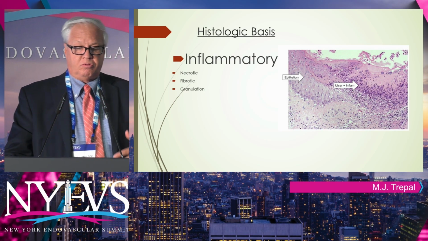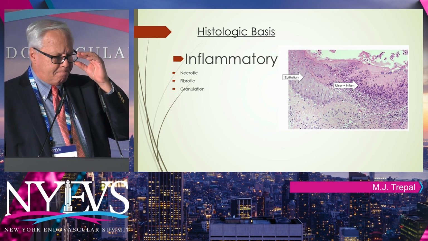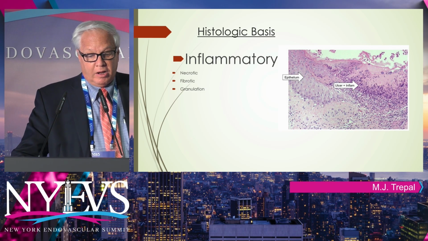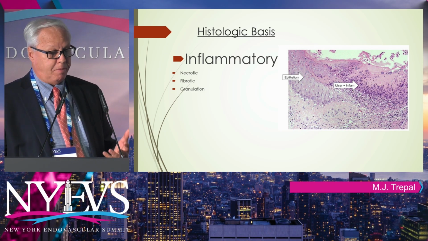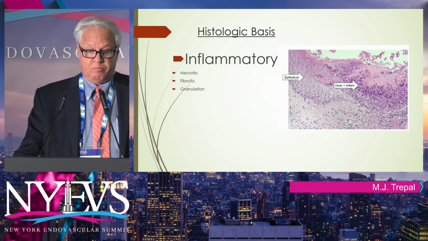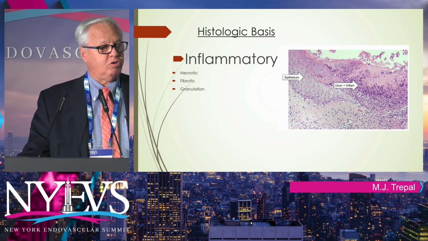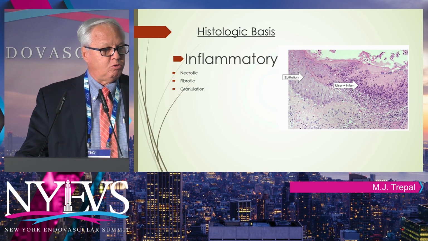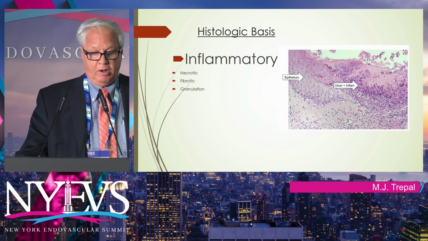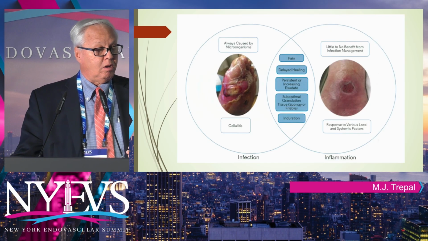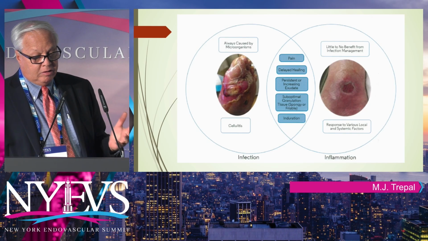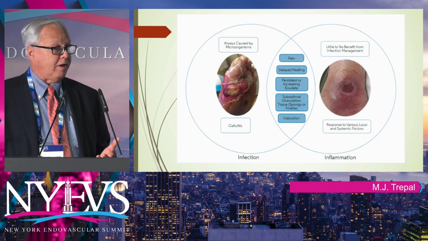In biopsying it also, you get an impression or knowledge of what the histopathologic basis is, and that can be helpful to you. Is it just inflammatory tissue there? That might lead you in one direction as to what the etiology is, and certainly the treatment of it. Is it infection and inflammation? They overlap.